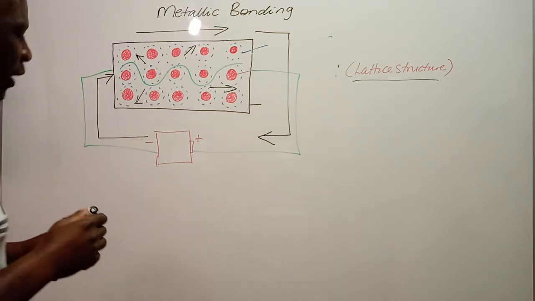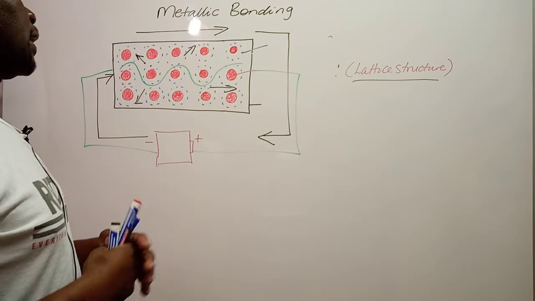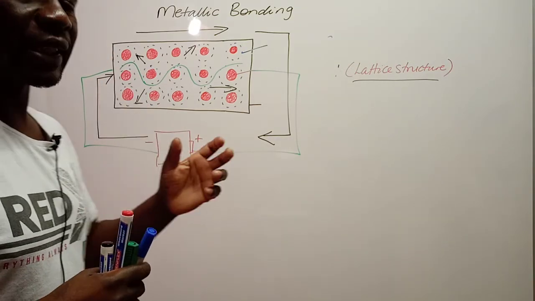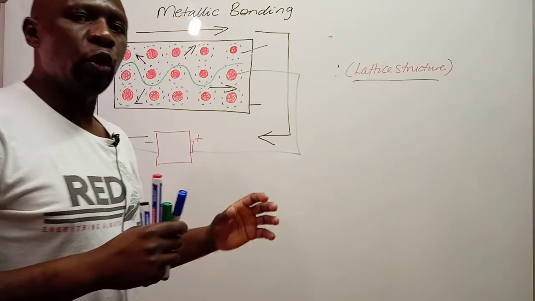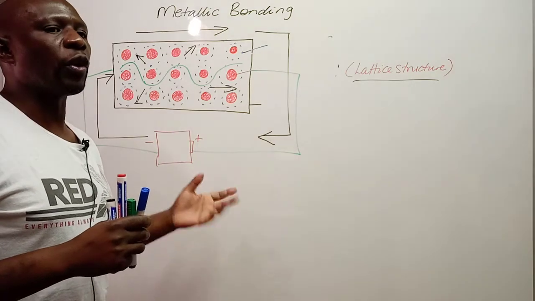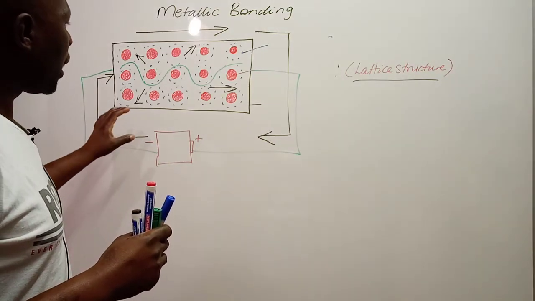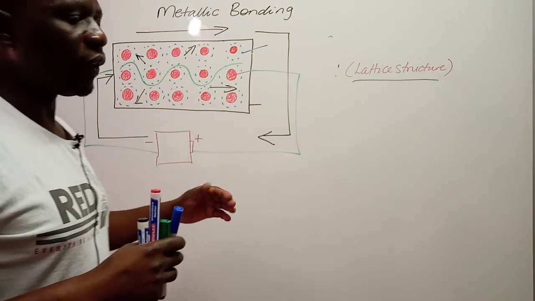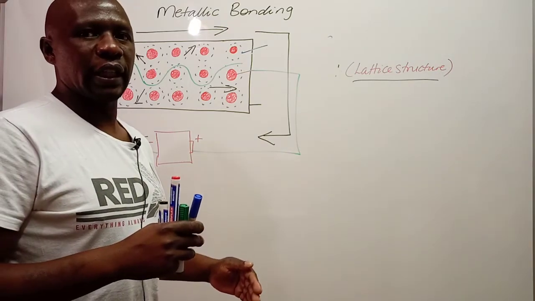Right. What is most important is to remember that electrons already exist in metals, and they are the ones that are free to move. And when you connect a battery or when you connect electricity to a bar of metal, you then effect giving the electrons a uniform movement.